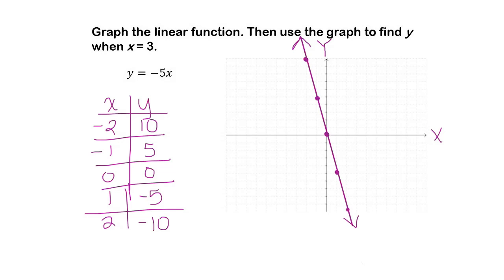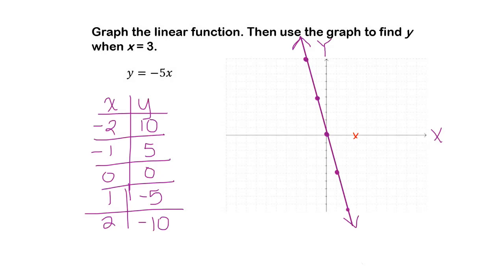Now, instead of plugging in 3 for x into the function and calculating, they want us to use the graph to help us out. So we want to know what the y value would be if x is 3. So first, let's see where x is 3 on the x-axis, which is right here.